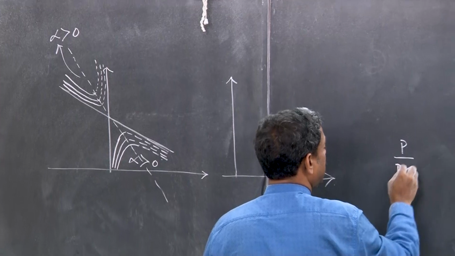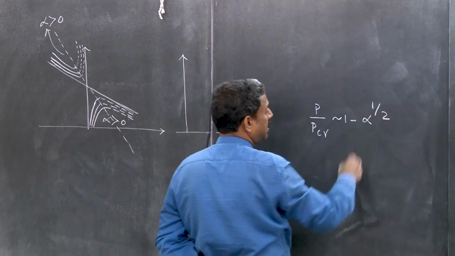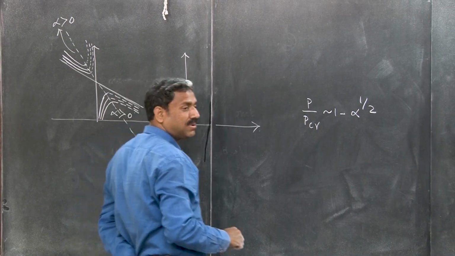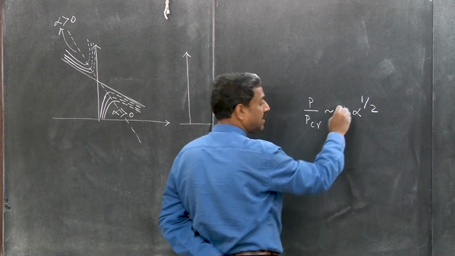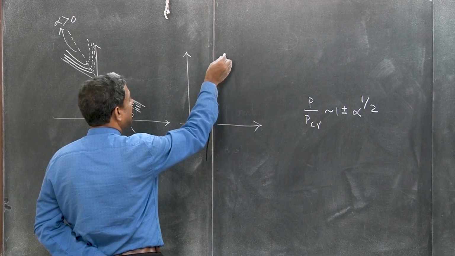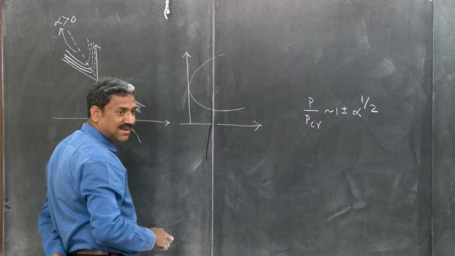So, P by P here was 1 minus root alpha, right, alpha half, okay. So, alpha half means what? If you take the square root, then plus minus, okay, and then if you can recall, the way I had drawn it was something like this, right, isn't it?